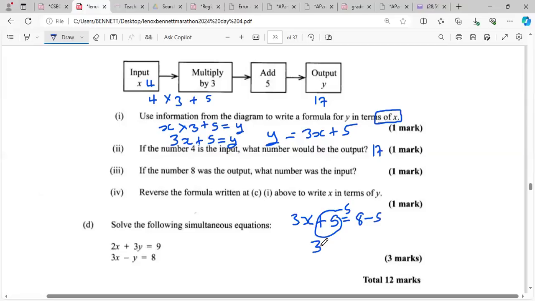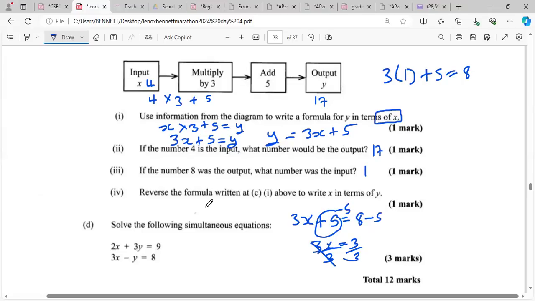So 3x equals 8 take away 5, which gives you 3. And then you divide, so that would be 1. And it makes sense, right? You can put 1 there, 3 times 1 is 3, plus the 5, which gives you 8. So the input would be 1.